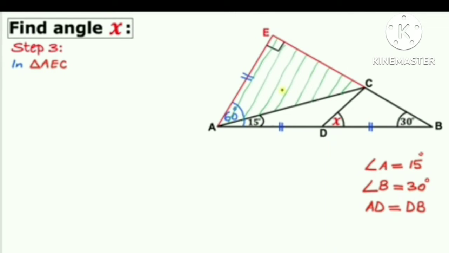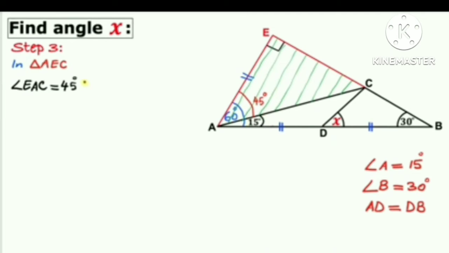Let's focus on this triangle AEC. We know that this whole angle is 60 degrees and this angle is 15 degrees. So therefore this angle has got to be 60 minus 15 equals 45 degrees.